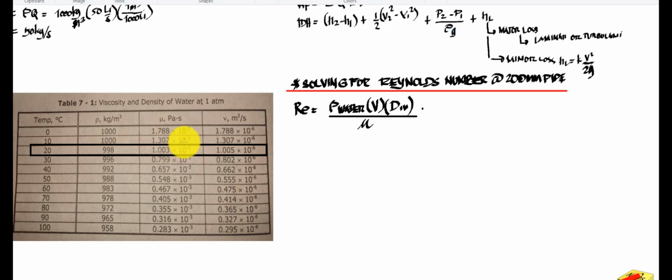Now let's solve the volume flow rate and the velocity. We have the equation: volume flow rate is equal to area times velocity. So velocity is equal to Q, or volume flow rate, divided by the area, pi over 4 times the diameter squared.